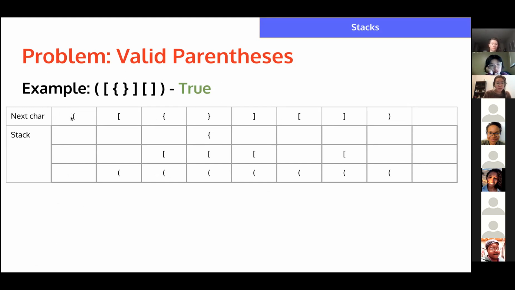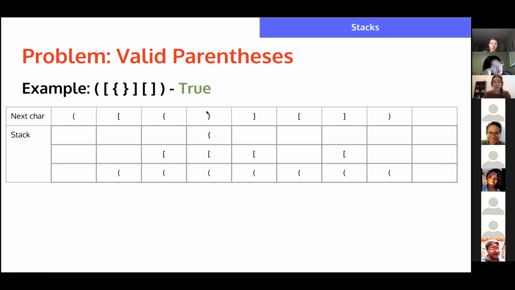For the first character, we are pushing on this round bracket. So the stack looks like just this one round bracket. At the second step, we push on just the square bracket. Similarly, the stack then becomes these two items, the round bracket and the square bracket. Same process for the curly bracket.